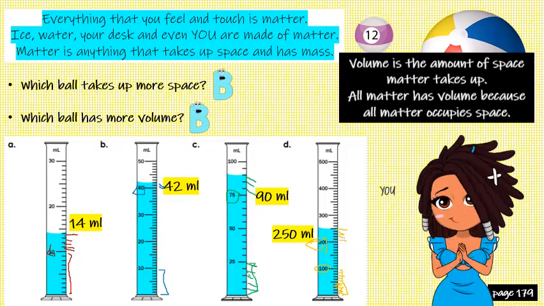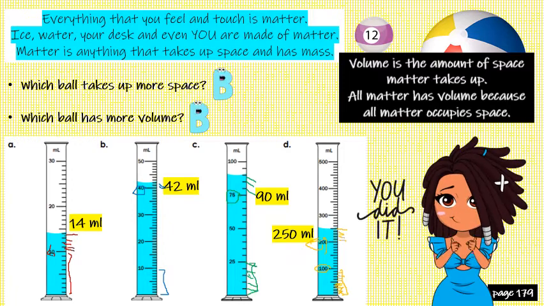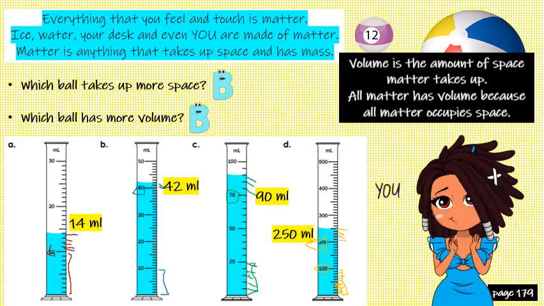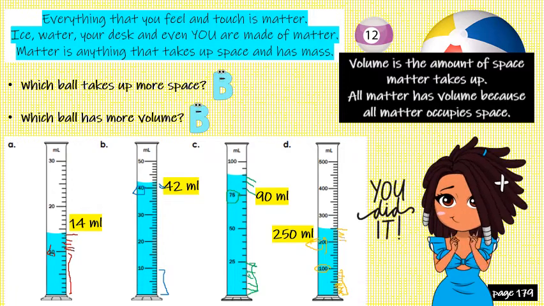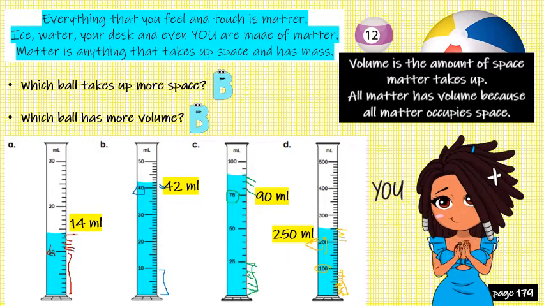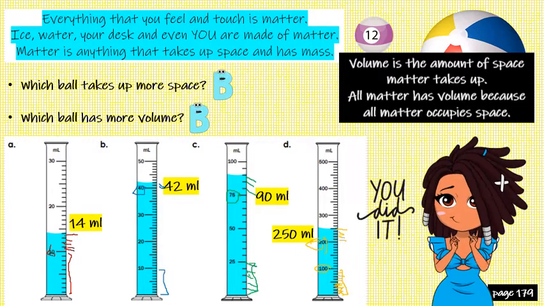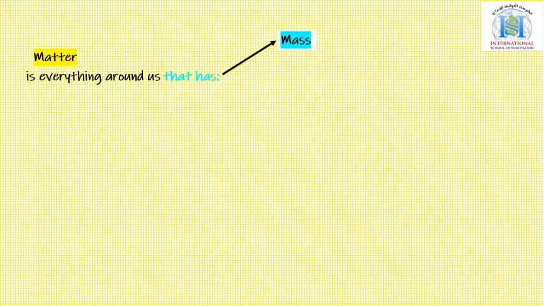So each time we want to read the volume of a liquid in a graduated cylinder, we have to find the scale used. Let's recap. What's matter? Matter is everything around us, and all matter has properties. It has a mass and it also has a volume.